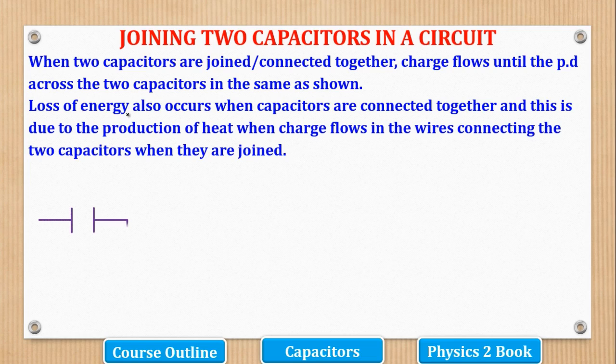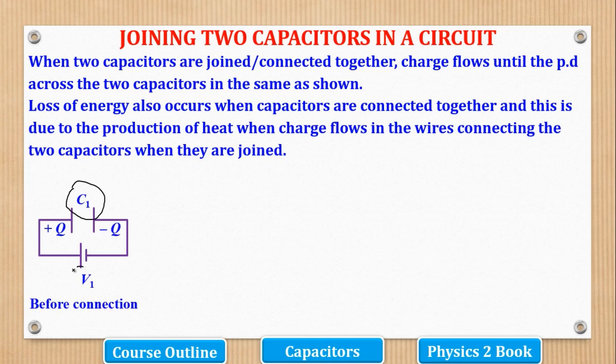So we shall need an illustration. Here what it means is that you'll have a capacitor of capacitance C1 which is charged to a PD V1. After charging it, you will connect it in parallel to an uncharged capacitor of capacitance C2.